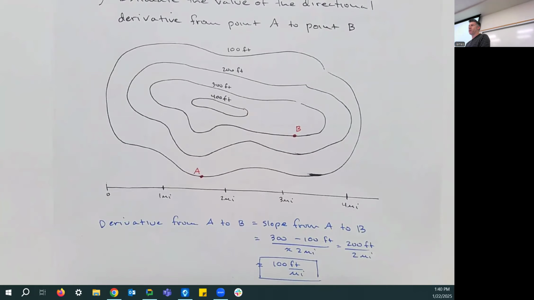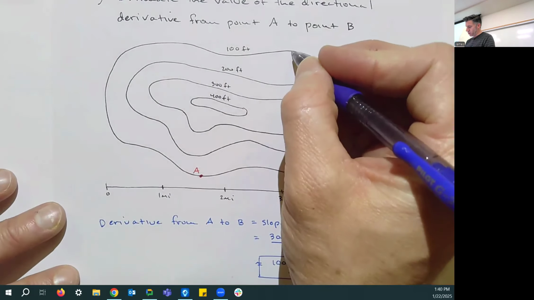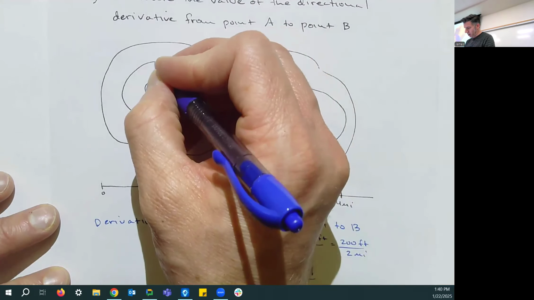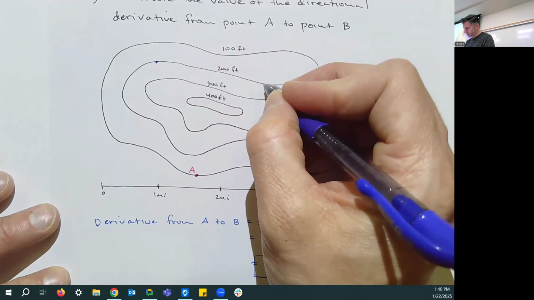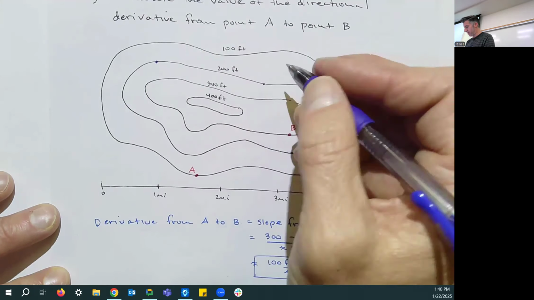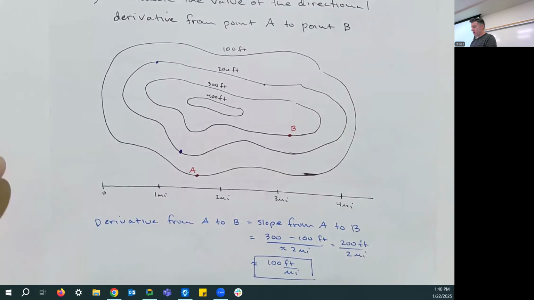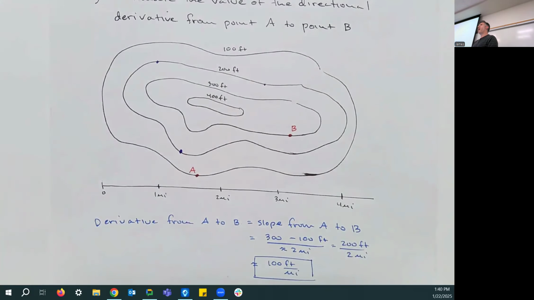What I want you to think about is, if I were to start, let's say, right here, no, let's say right here. Sorry, where do I really want to start? Let's say actually over here. What would be the path that would be the steepest? Or which way would it point?